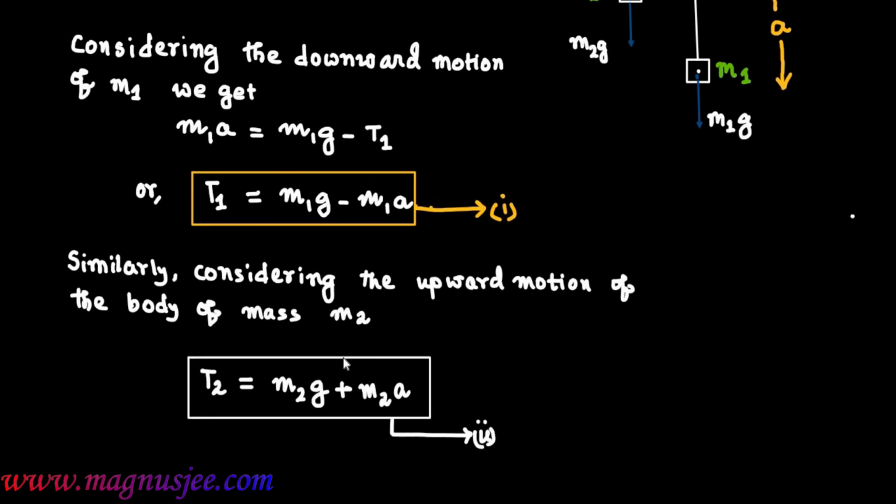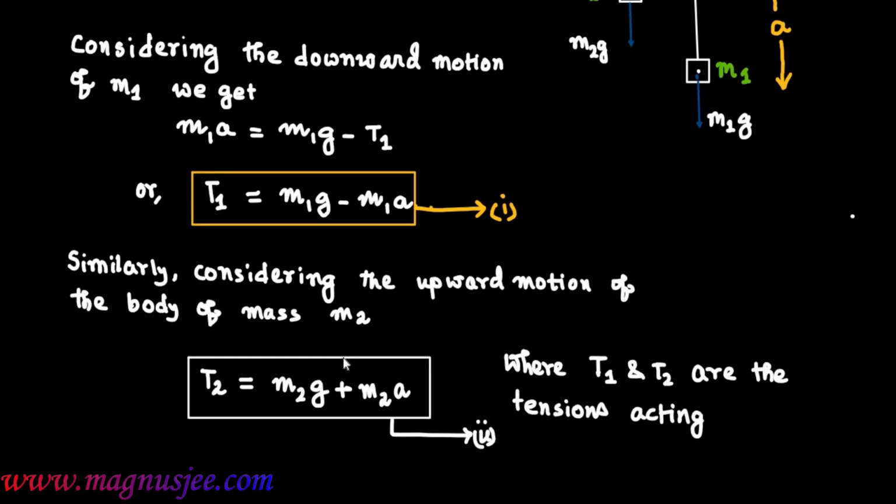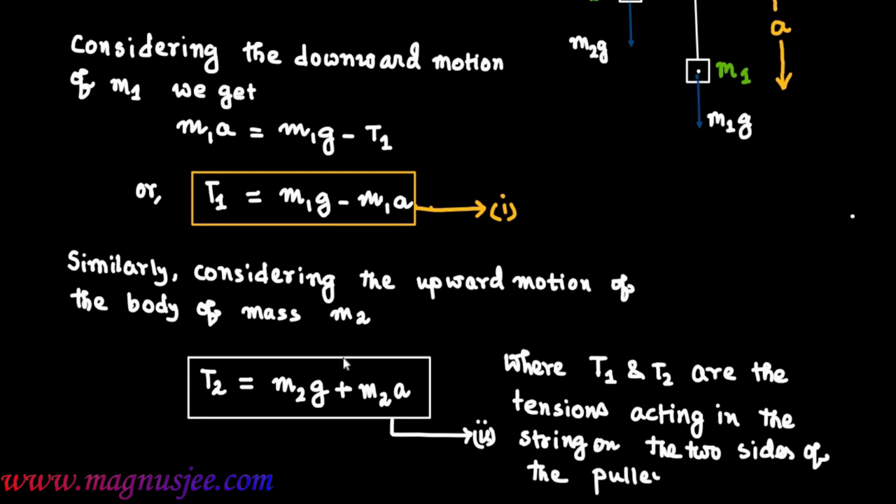In this case, the body of mass m2 moves upwards, where T1 and T2 are the tensions acting in the string on the two sides of the heavy pulley.